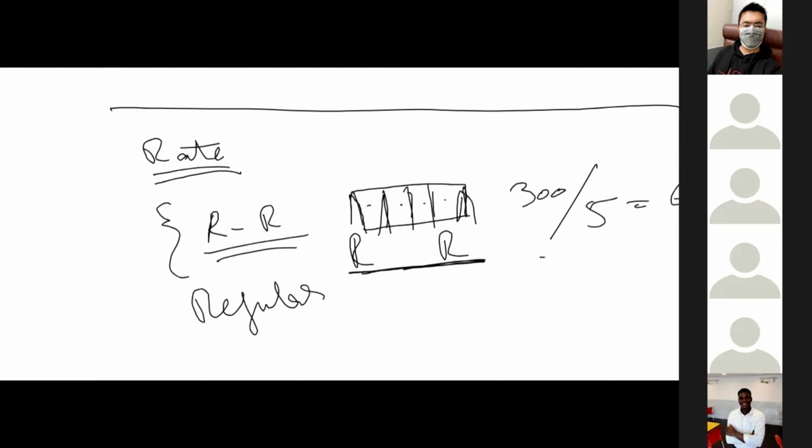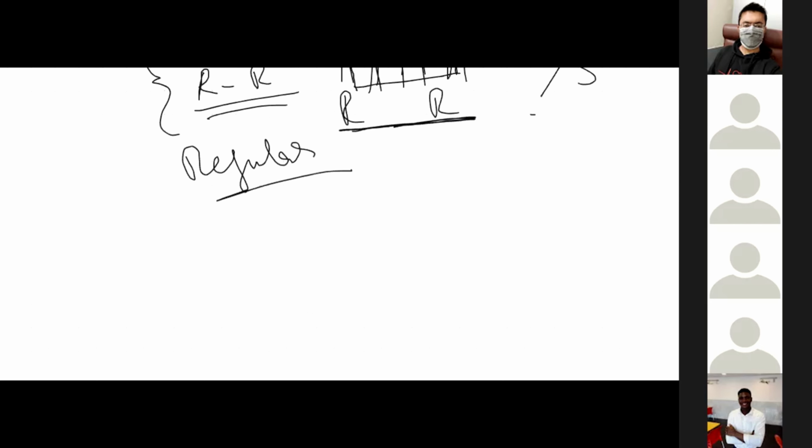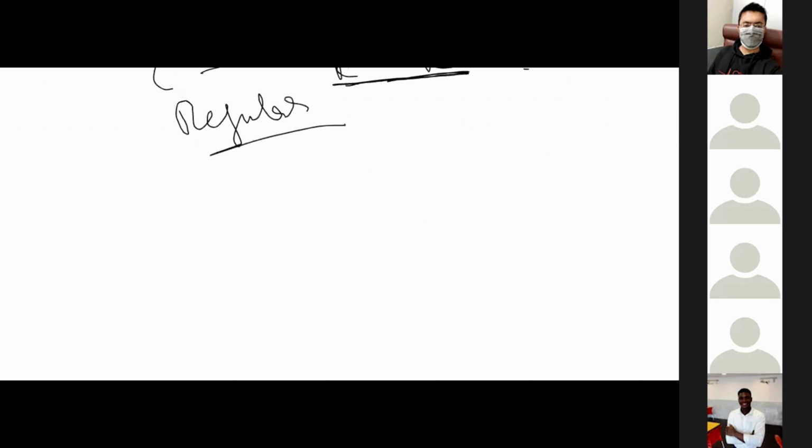If the rhythm is regular, you can use this method to calculate the heart rate. What if the rhythm is irregular?